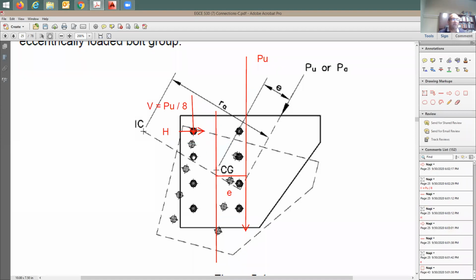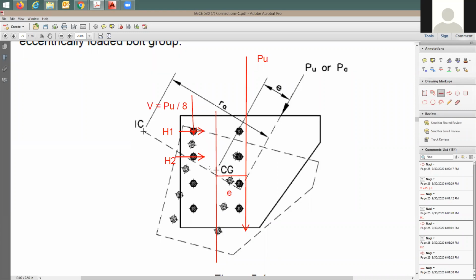You're going to have also another force here. Now, which one's larger? Is this H1 or H2? Let me put here also H2. Which one's larger here, H1 or H2? Can someone help me with this?